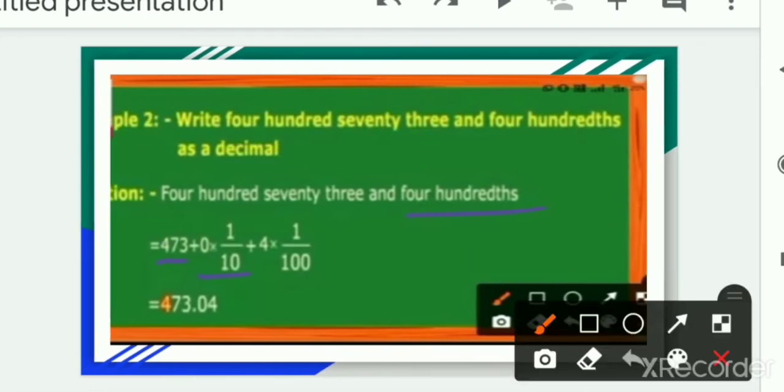This is the ones, this is the tens, this is the hundreds. 473 means 3 in ones, 7 in tens, and 4 in the hundreds place. This is the 473, and it is saying 400ths as a decimal. It means it is not 400, it is 400ths.